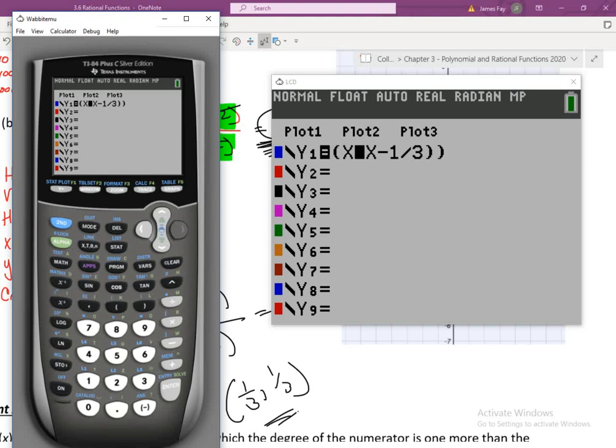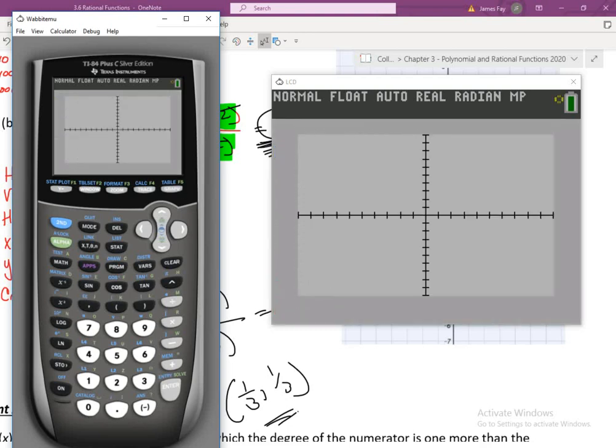I don't like the TI-83 for the fact that I've got to put all these extra parentheses in, but you'll get used to that the more you use it. So there's that function, and then I'll just type in x in the bottom one, y2, graph it, and hopefully they end up being the same thing. So here's the rational function that we started with.